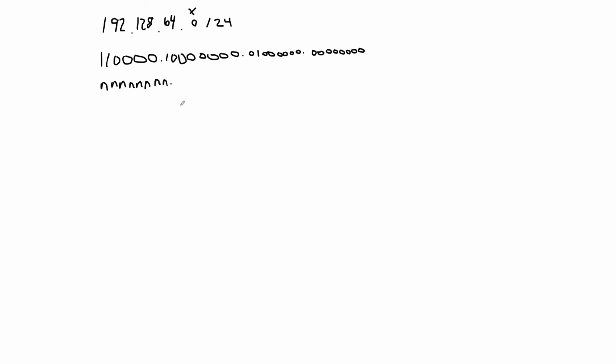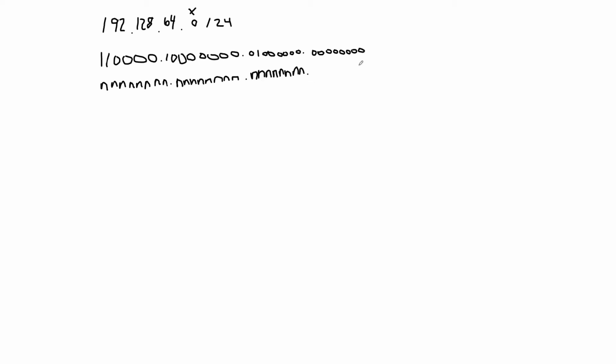So these bits right here identify the network. So I'm writing 24 N's. And the way I know that the first 24 bits are N's is this number right here after the slash. All right, so I wrote 24 N's.